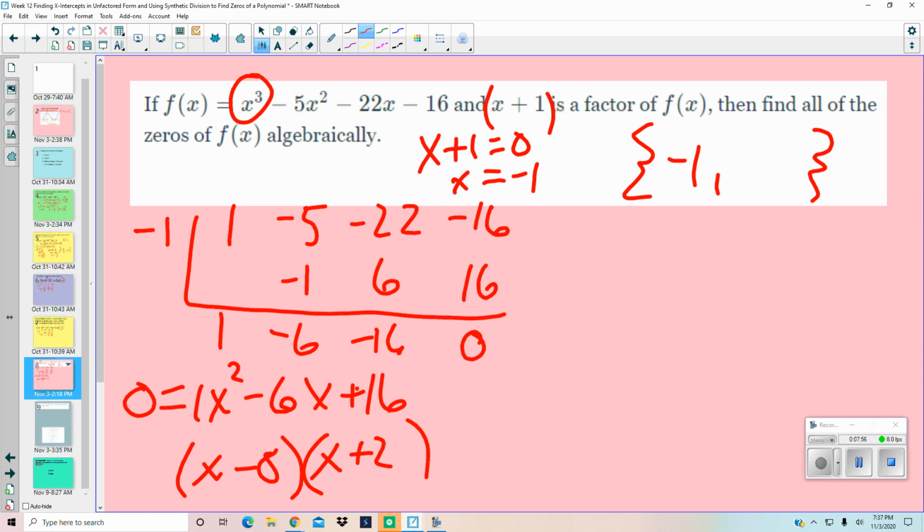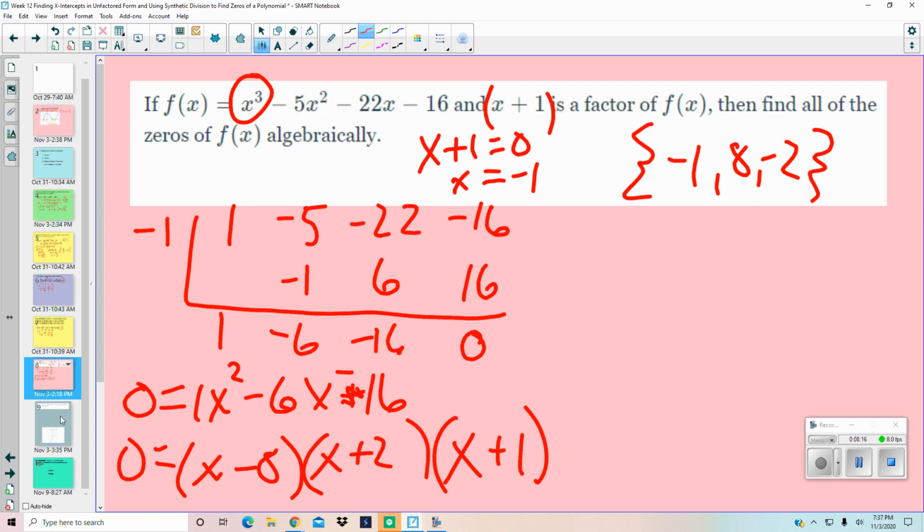Oh, it's -16. Oh my goodness. Yeah, so that is the correct answer. So now I have those two factors plus my original factor. If I set each of those equal to 0, I get zeros of -1, +8, and -2.